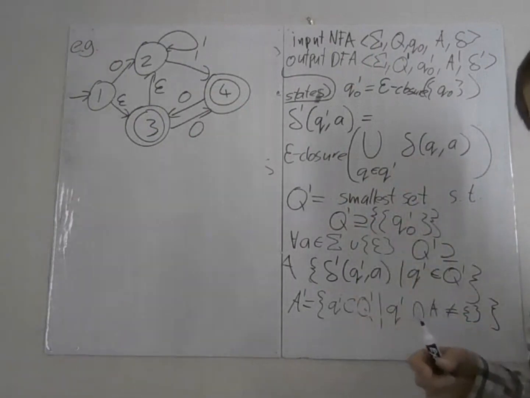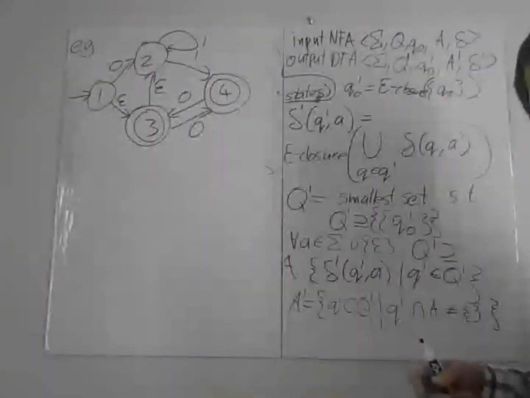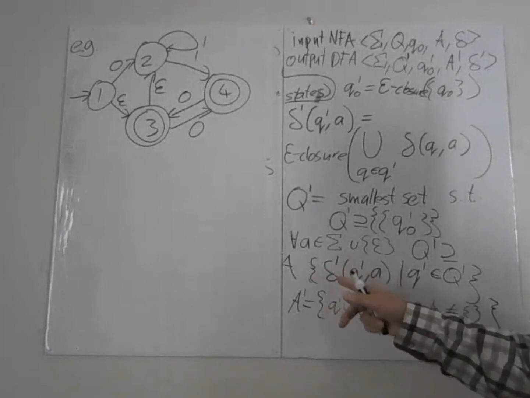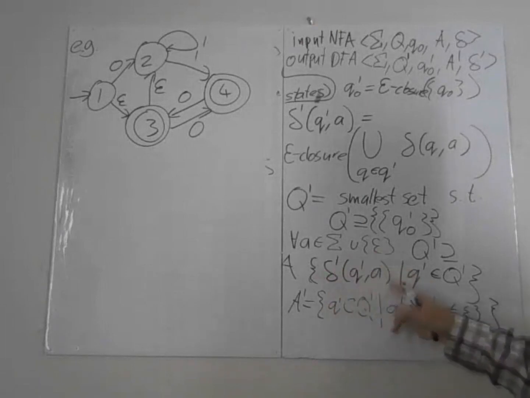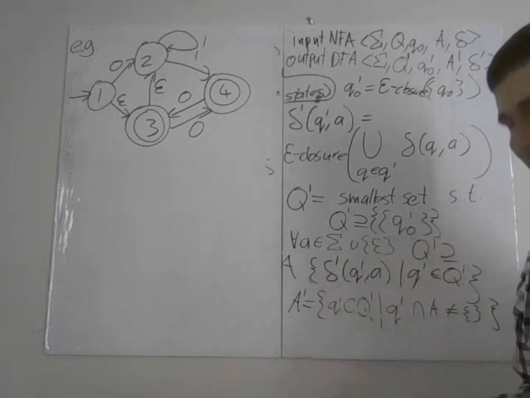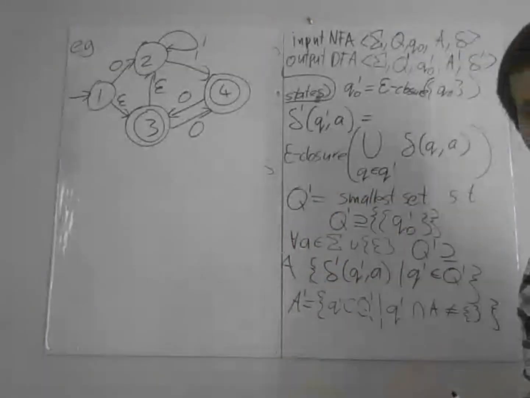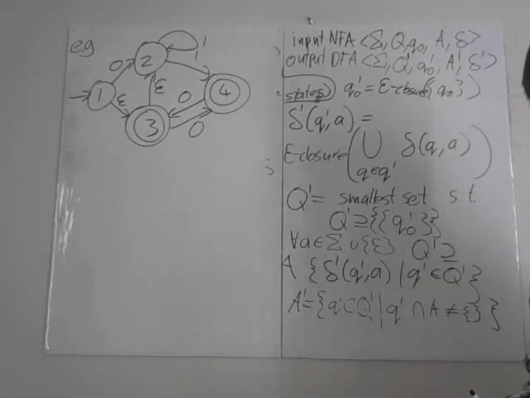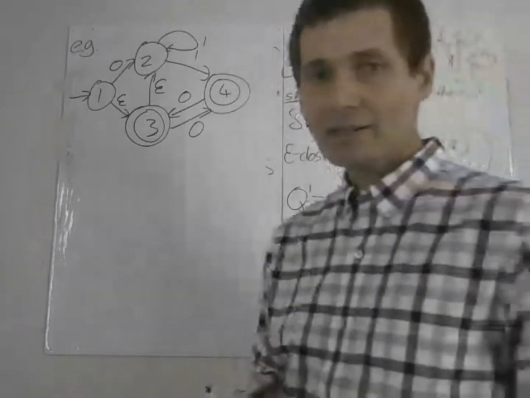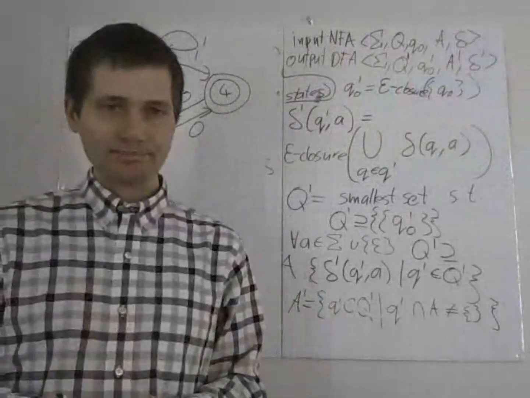Then you pull a state off the work list, and processing that state means applying the transition function with all the possible values of A, and adding those states to your work list and to your set of states Q prime. We will do that on this example on Monday, but you can try it ahead of time.